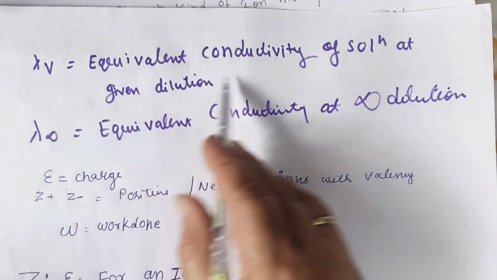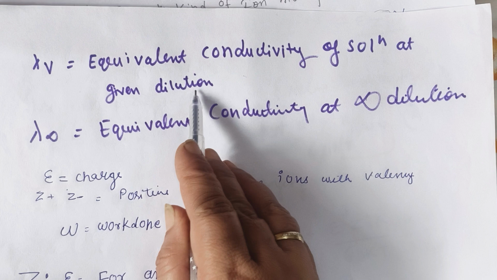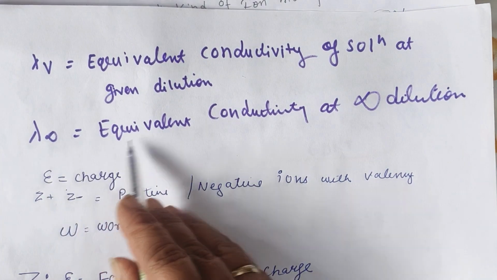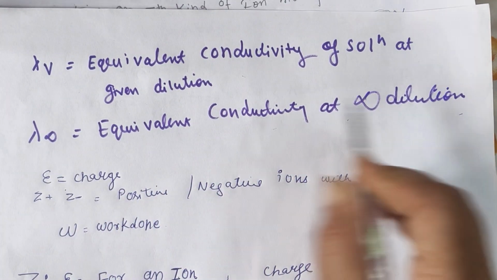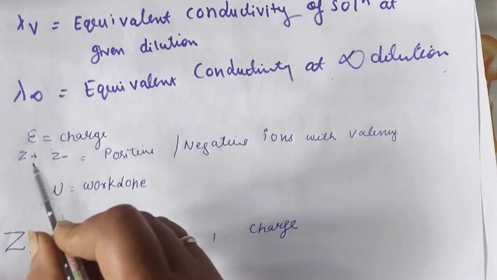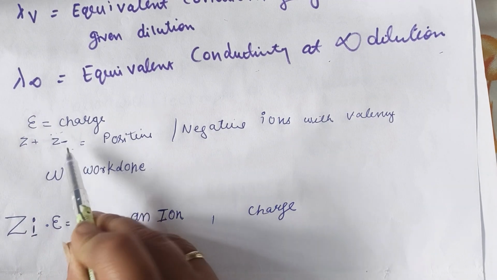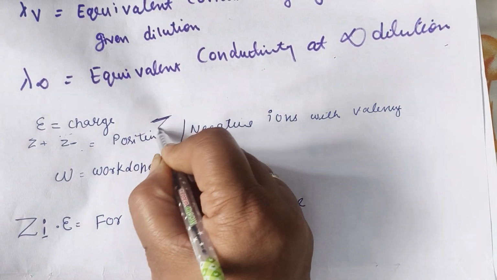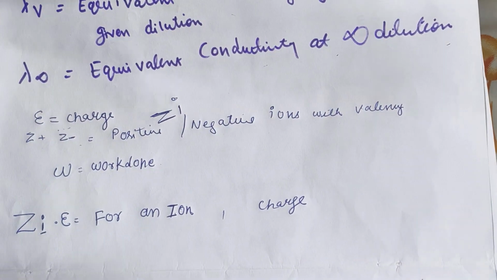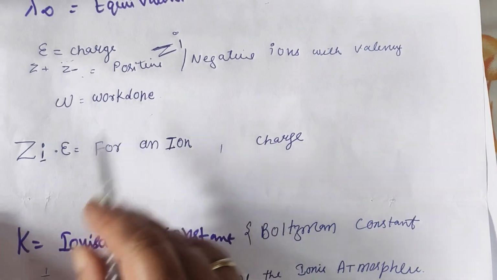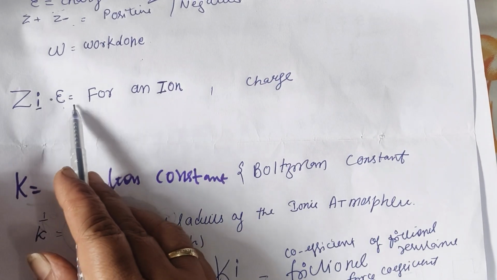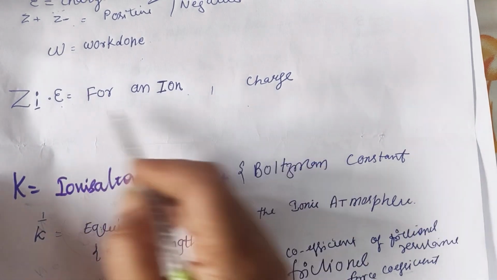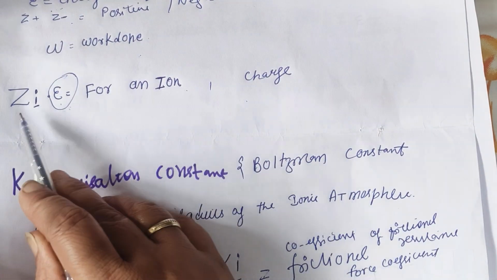So lambda V is the equivalent conductivity of the solution at a given dilution, lambda infinity is the equivalent conductivity at infinite dilution, epsilon is a charge, Z plus and Z minus are the valencies of the positive and negative ions, and we are taking them totally as Zi. W is the work done. Zi epsilon is the charge for any particular ion.